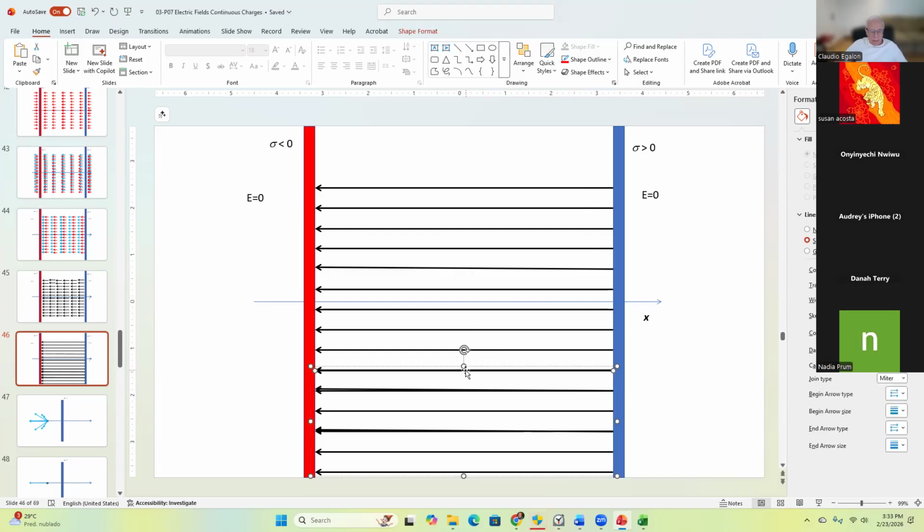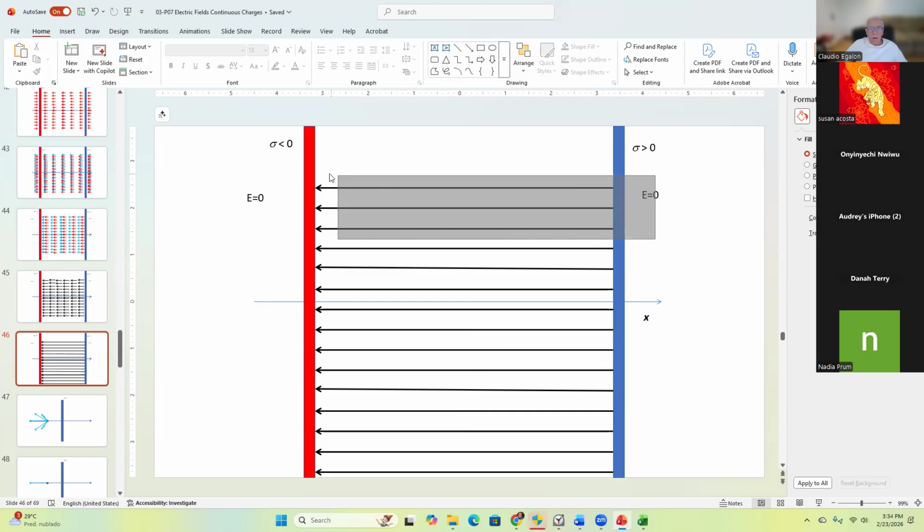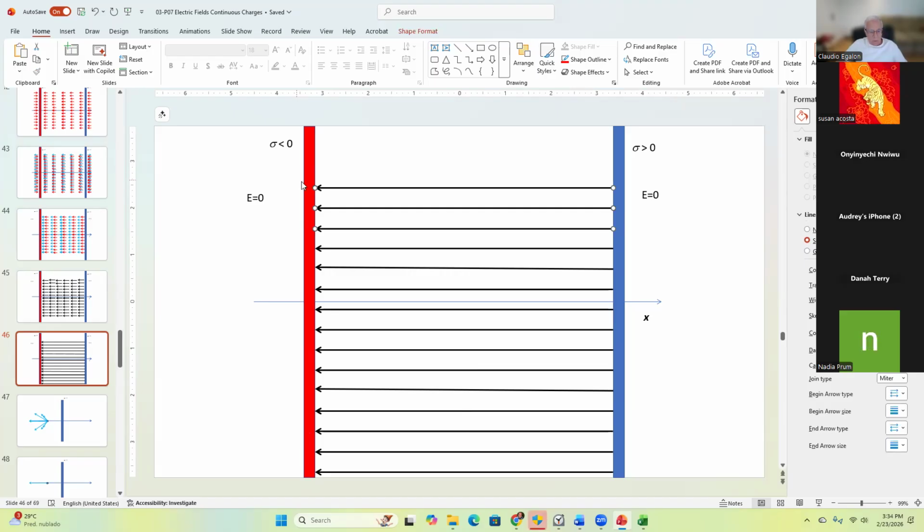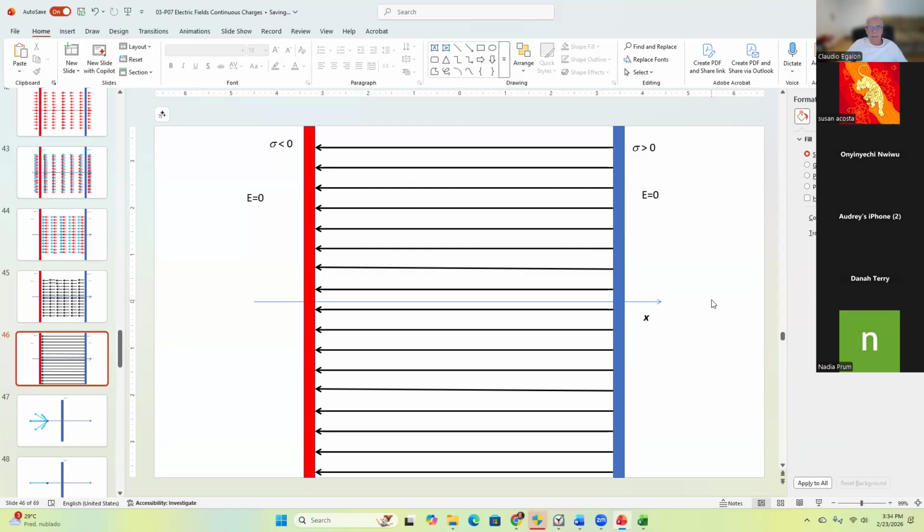I can remove those that are not aligned so you can have a better idea. Did you get the idea? And I can do the same here at the top. That's the electric field line.